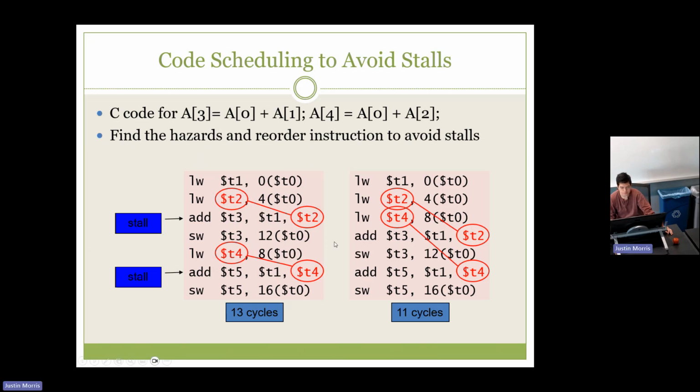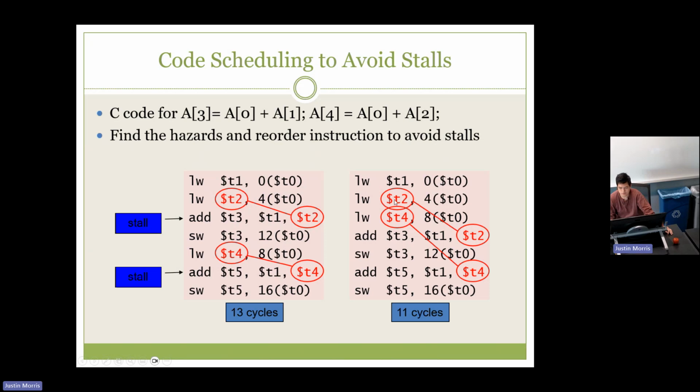But if we rearrange the code, and this code is still executing the exact same code as this code on the left, but now there's no data hazard that can't be forwarded immediately, right?